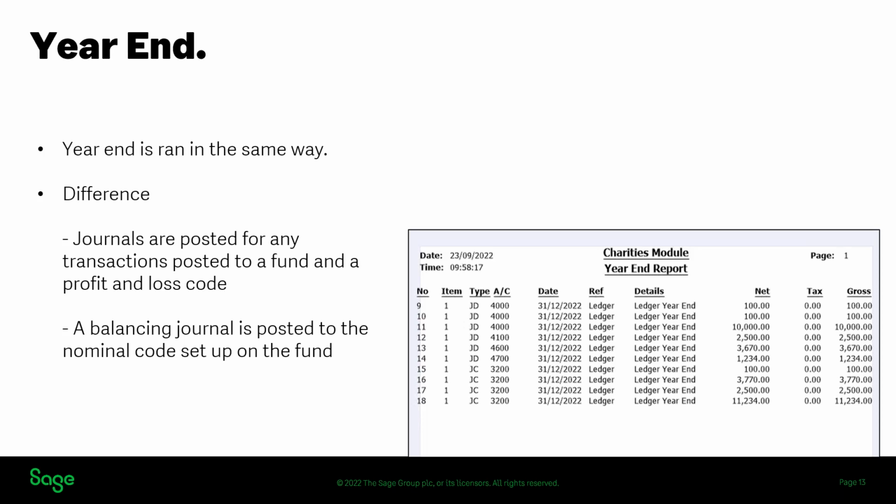So you can often find, and this is a good example, as you can see on that little screenshot, that there'll be repeat transactions. So you can see on that screenshot, transactions 9, 10, 11 all used to clear down balances against nominal code 4000. You can see there's a few based on my example as well, where balancing entries have been posted, in this case, 4 of them, based on 3,200.